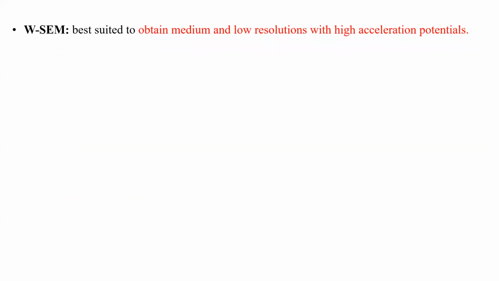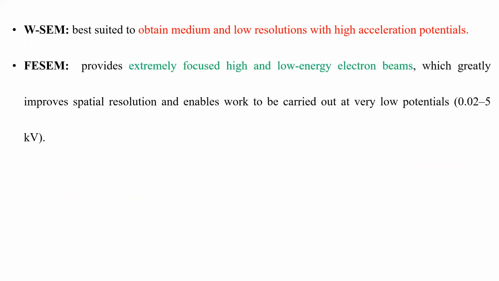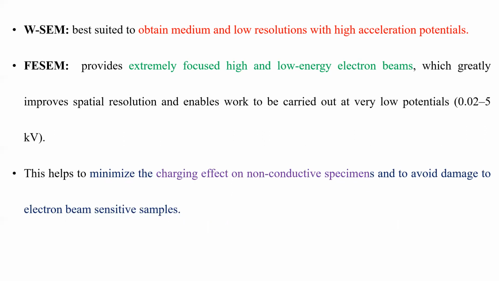Tungsten SEM is best suited to obtain minimum resolution with high acceleration potentials. FESEM provides extremely focused, high and low energy electron beams, which greatly improves spatial resolution and enables work to be carried out at very low potentials. This helps to minimize the charging effect on non-conductive specimens and to avoid damage to electron beam sensitive samples.